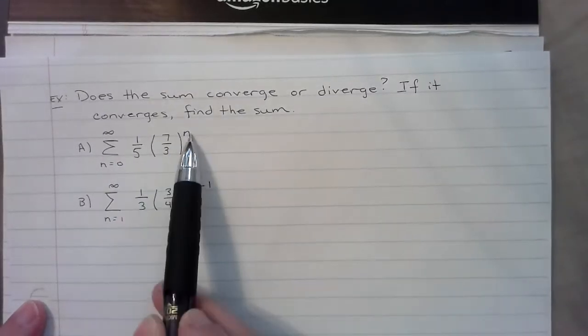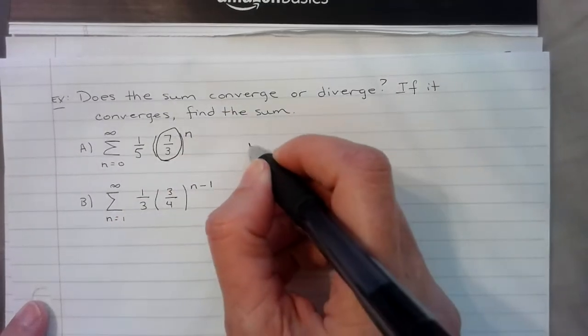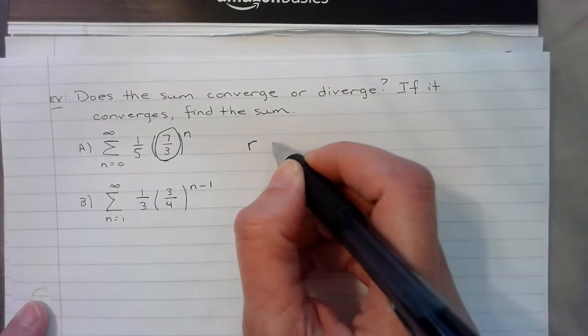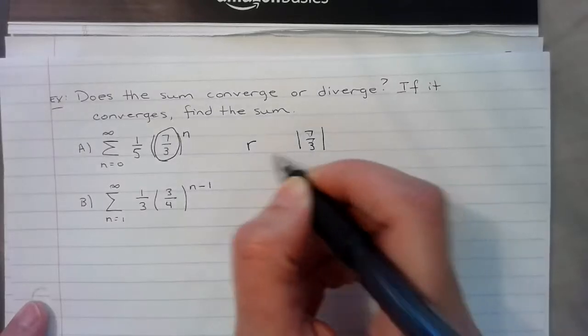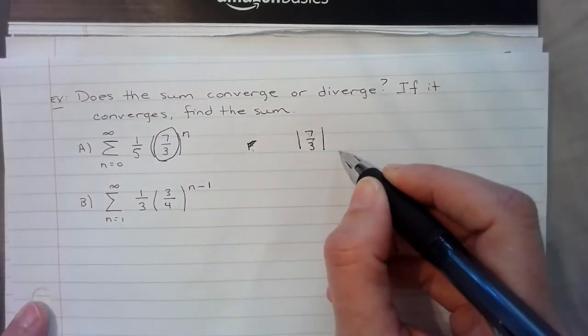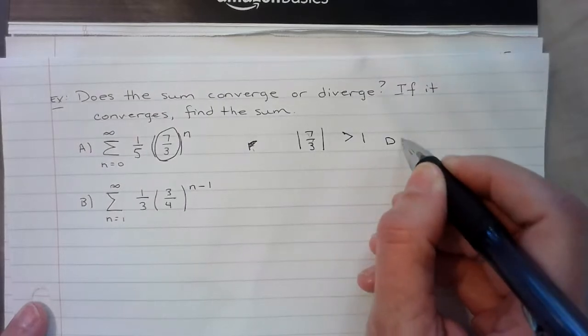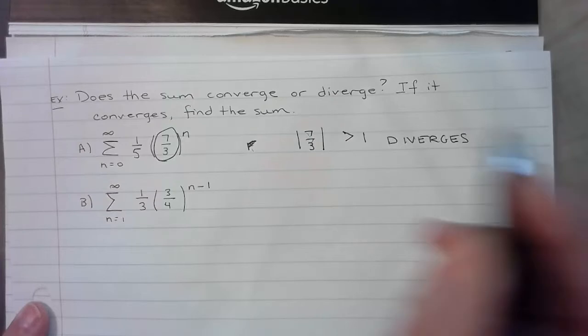When you put the 3 in, you'll have 3 copies of that. This is your R. So R is 7/3, and the absolute value of R is 7/3. That's not less than 1, that's greater than 1. So we'll say that this series is not summable.